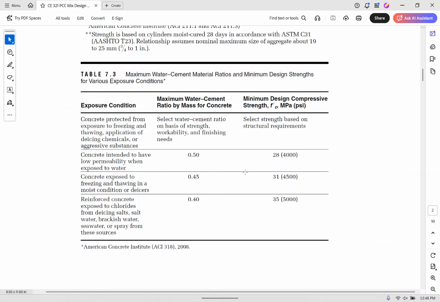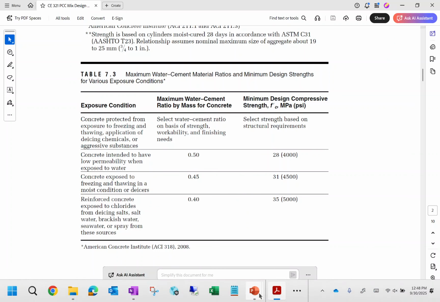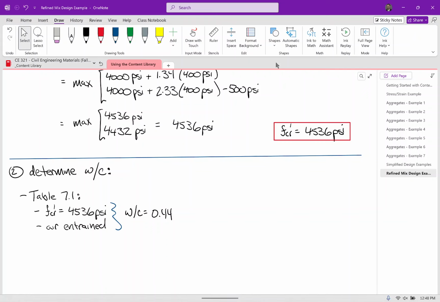This one doesn't, because we're not being exposed to brackish water, seawater, or spray from these sources. We didn't say this was going to be in Miami. We'll assume it's here in West Virginia. So we're going to have concrete exposed to freezing and thawing. So our maximum water cement ratio is 0.45. Okay, so let's write that down. So table 7.3.